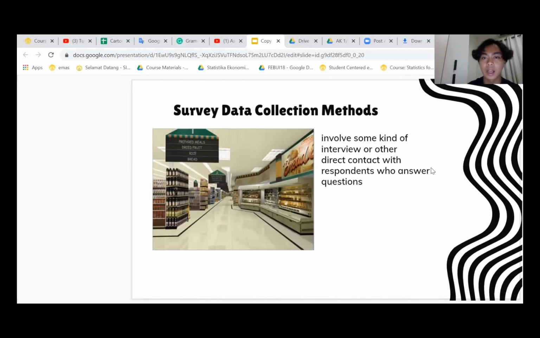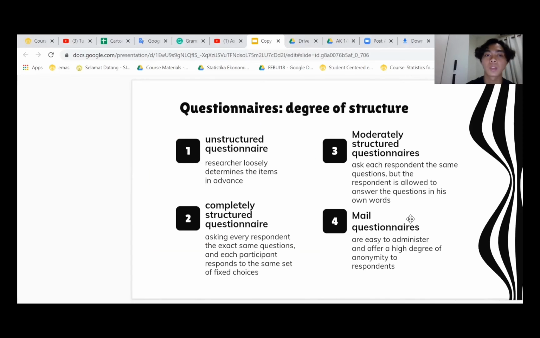The survey data collection method involves some kind of interview or other direct contact with respondents who answer questions. Questionnaires have some degree of structure.